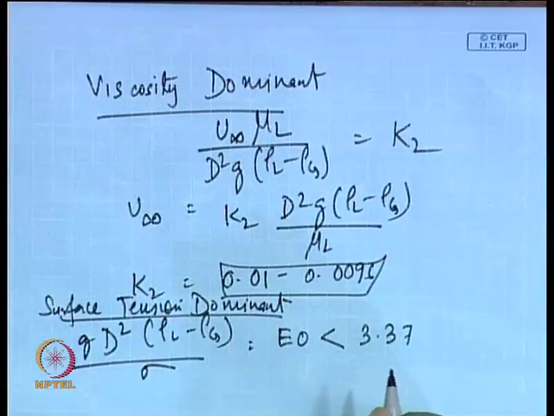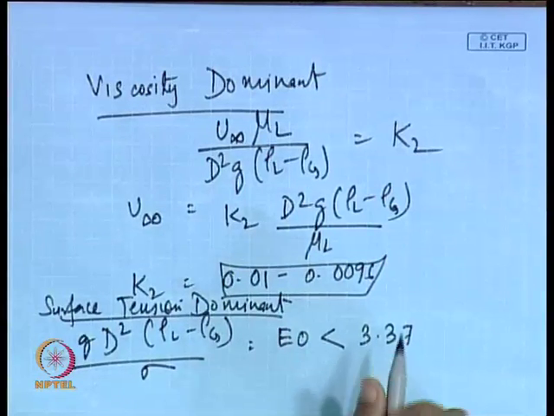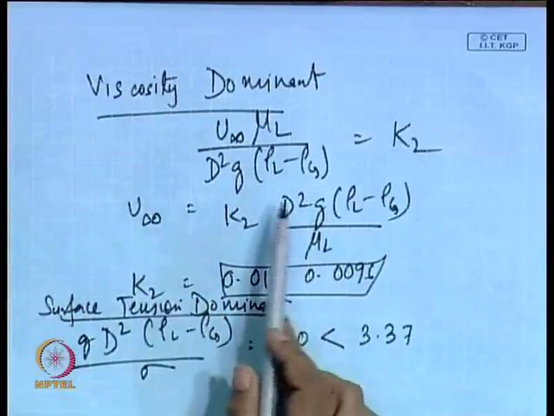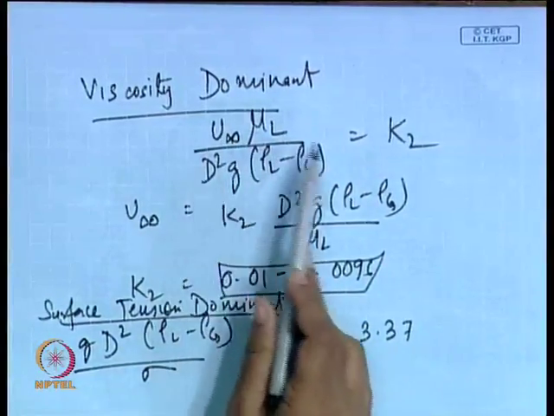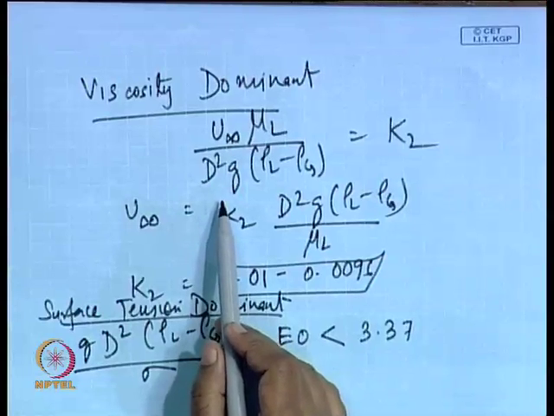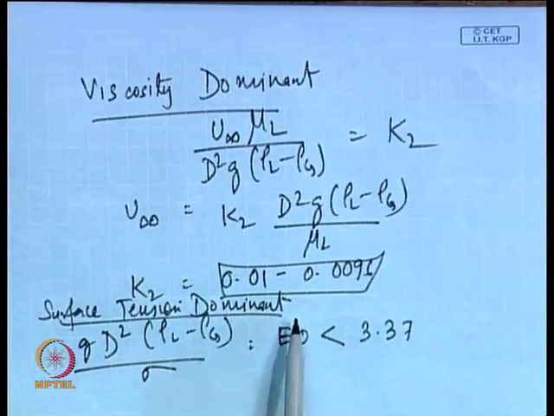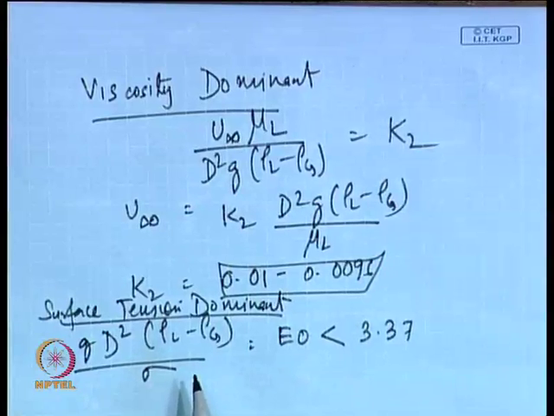Under this condition, the bubble does not rise at all. Is it clear? When inertia is dominant, the Froude number is important. When viscosity is dominant, one particular number is important, which we do not use much. Instead of this number, we use the inverse viscosity number. And when surface tension is important, such that the Eotvos number becomes less than 3.37, or less than 4, the bubble does not rise at all.